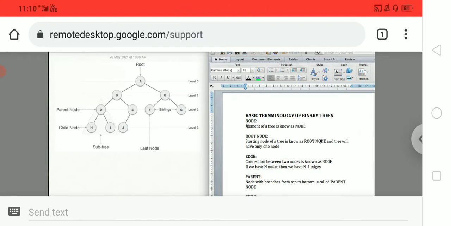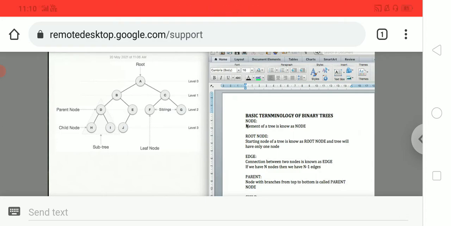When we take arrays, stacks and linked lists, all the data elements will be in a close structure. There will be one connection for each and every element, so these come under linear data structures. When we discuss nonlinear data structures, there is no close relation from one node to another.